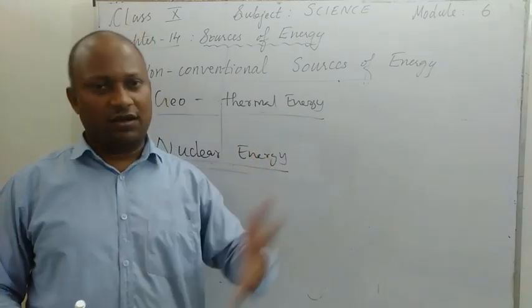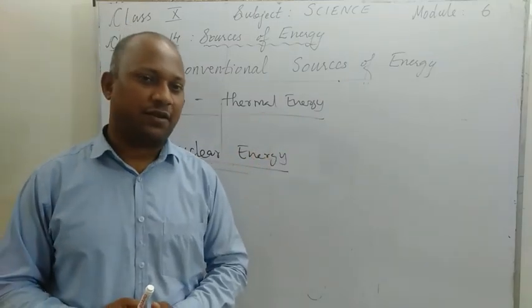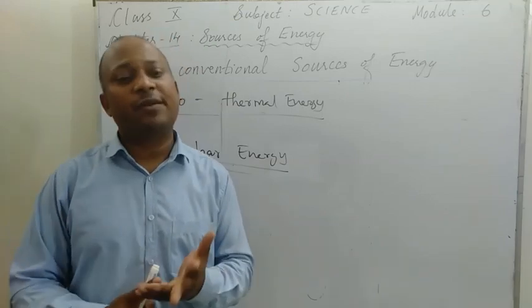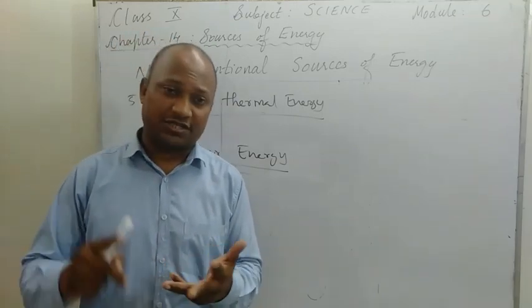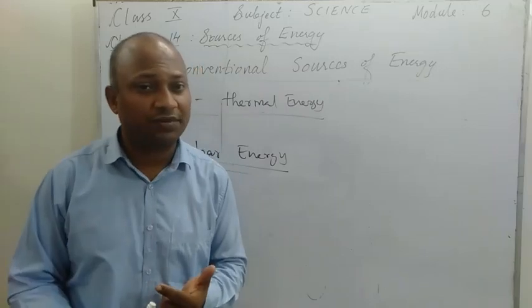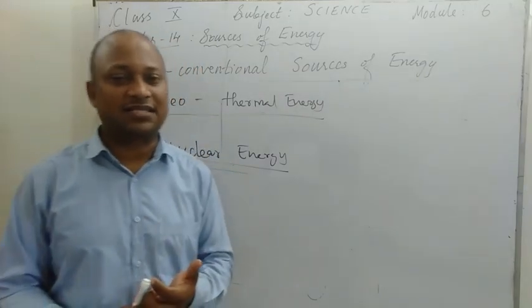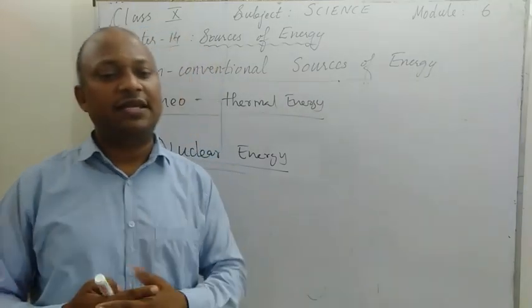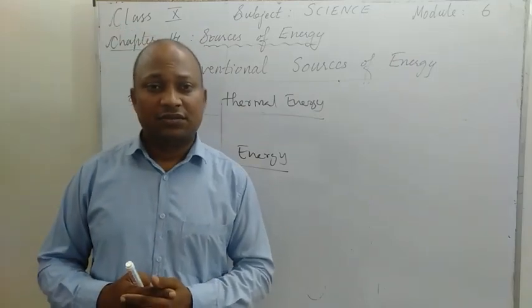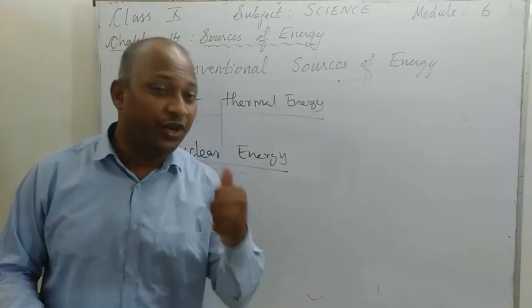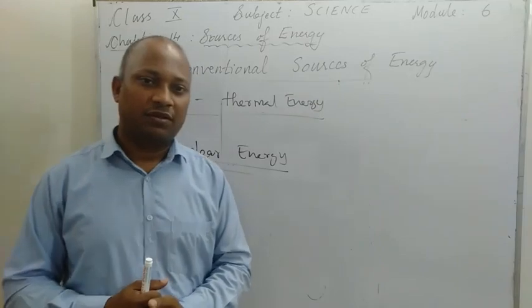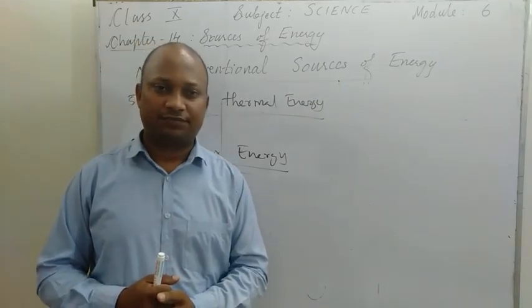So we need a lot more sources of energy which are environment friendly, and which are safe, which do not cause pollution, and which are easily accessible and not so costly. So we have to choose renewable resources of energy for a better future.